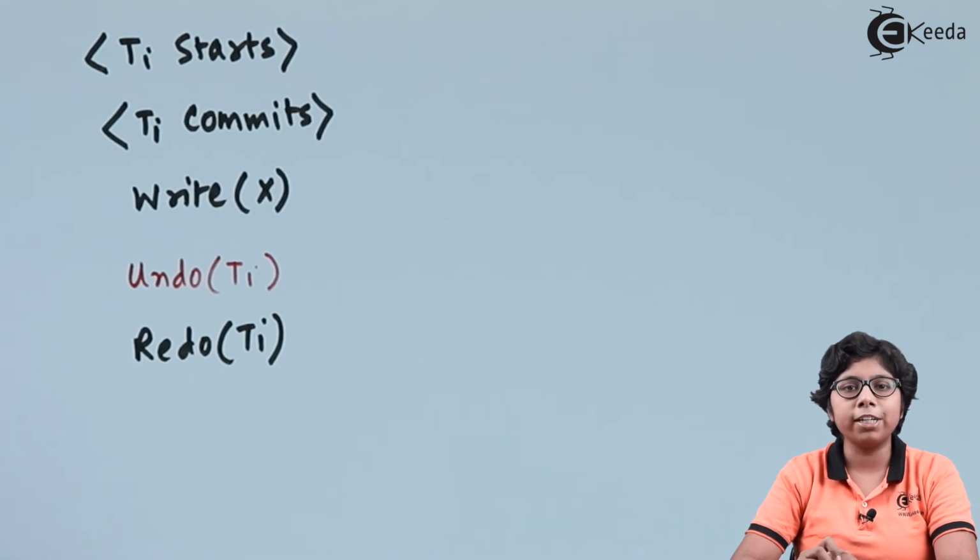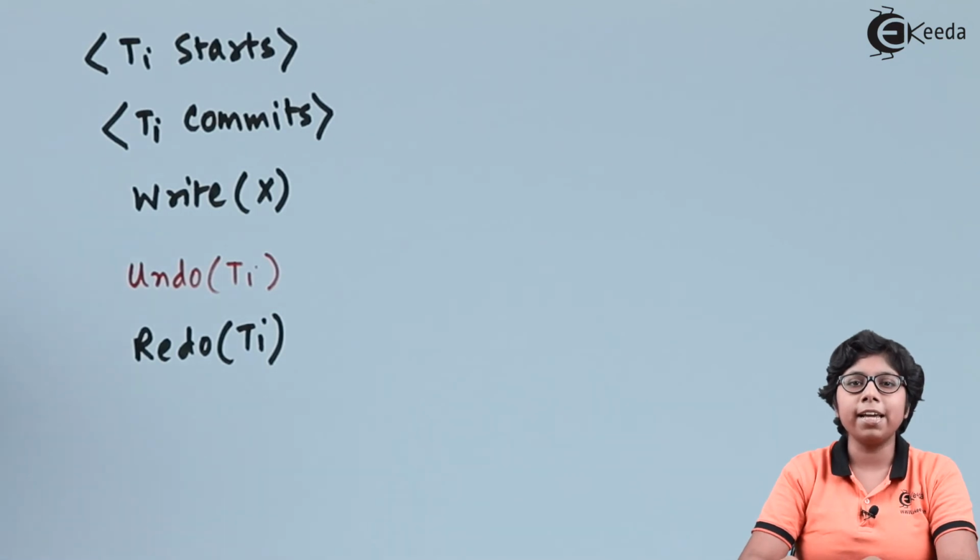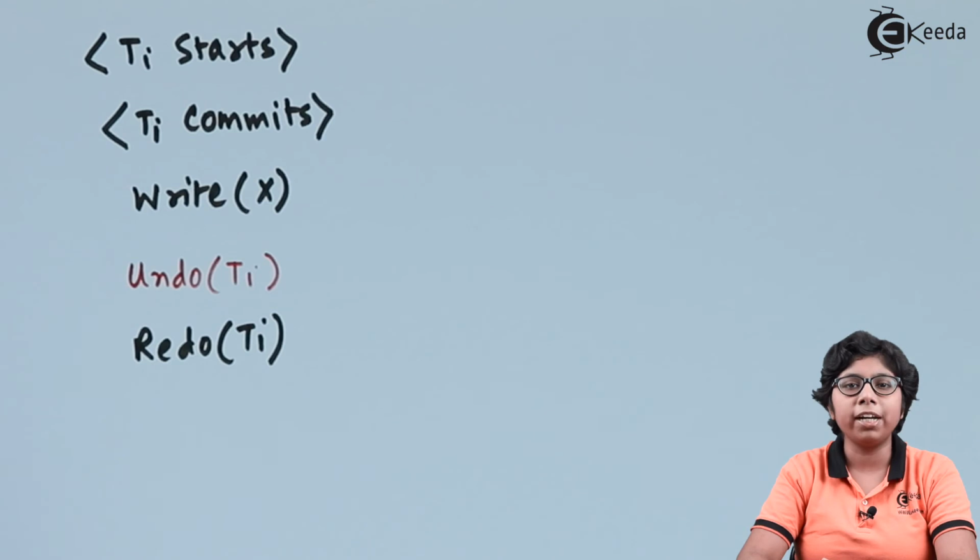Now, if the abort is due to a logical error, then the data is simply restored by the undo Ti operation, which sets back the old values of the data. But if a system error happens, then undo Ti and redo Ti will be decided by the log depending on these two records. Suppose Ti has started with the Ti start operation but does not end with a Ti commit operation.